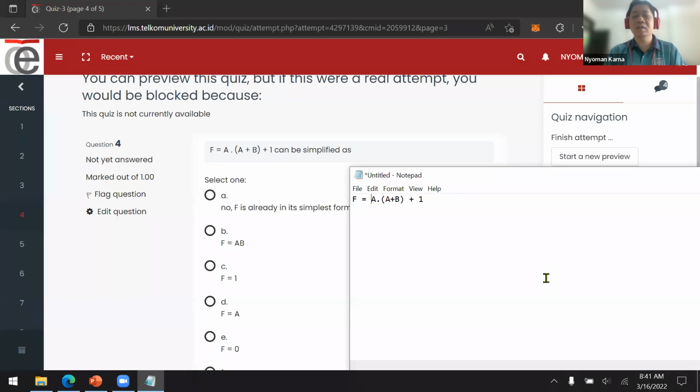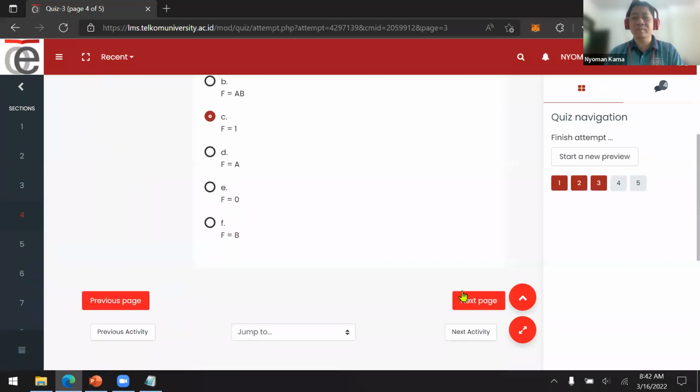So we can think of this product, A times (A plus B), as everything, and then everything plus 1 will be 1. Because even if this one is 0, 0 plus 1 is 1, and if this one is 1, 1 plus 1 is still 1. So the answer is 1.